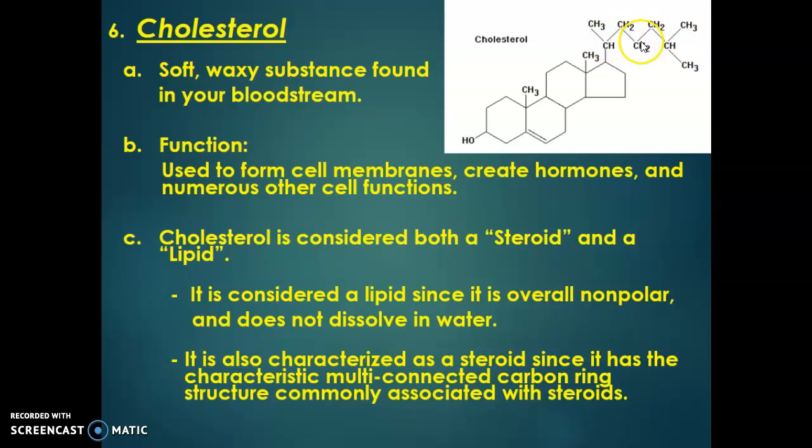That tail may be to the right, to the left, facing down or up, but all steroids have a classic structure of 4 carbon rings fused with a fatty acid tail. So it is a lipid because it's nonpolar and doesn't dissolve, but since it has this unique structure, we also call it a steroid.